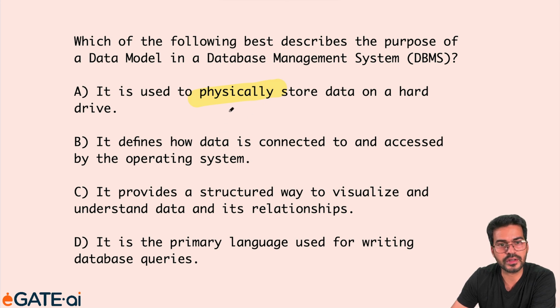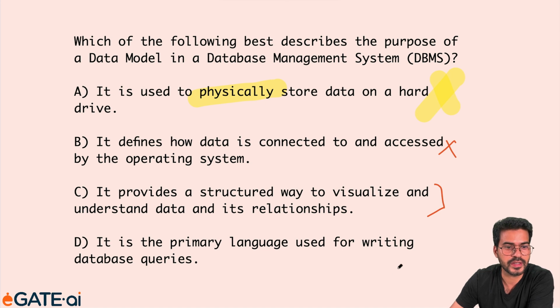We understood it is a conceptual model, so this is incorrect. Next, it defines how data is connected to and accessed by the operating system. Again, this is not correct. Then, it provides a structured way to visualize and understand data and its relationships. This sounds like what we have studied.